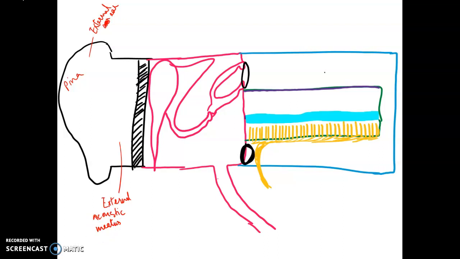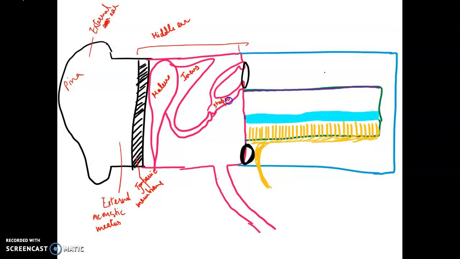Then we have the middle ear. This whole thing right here is the middle ear. And the middle ear has the tympanic membrane. We also see the three smallest bones, malleus, incus, stapes.